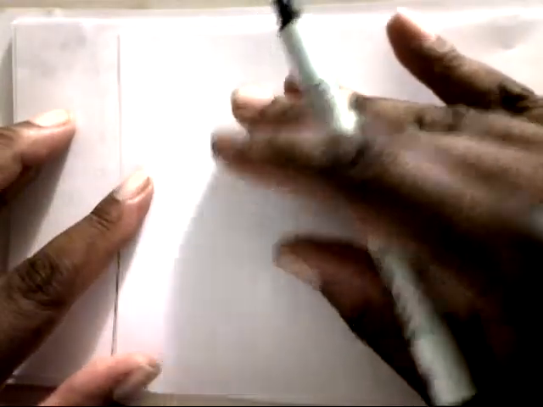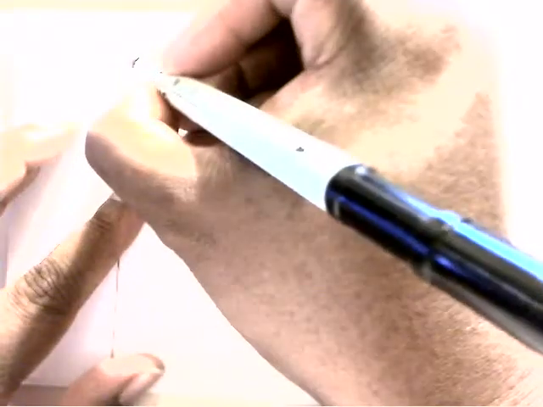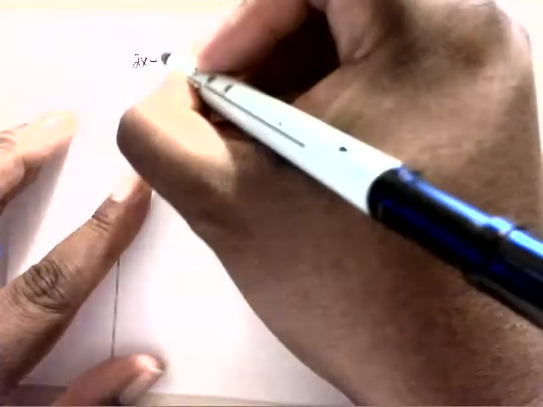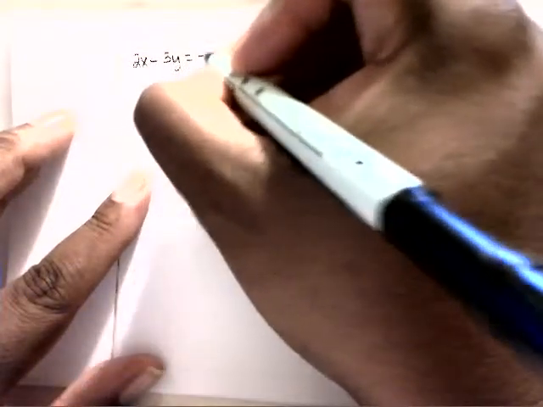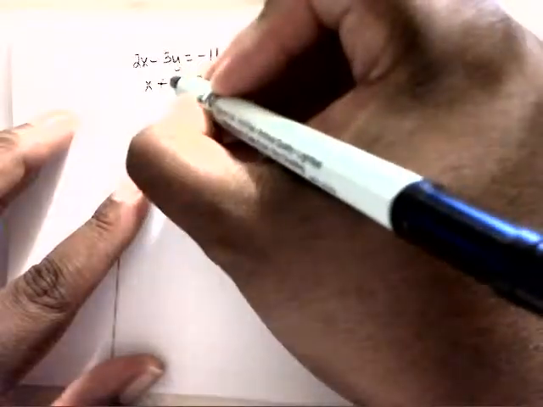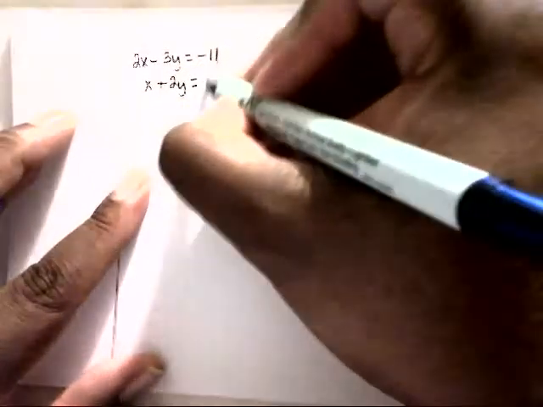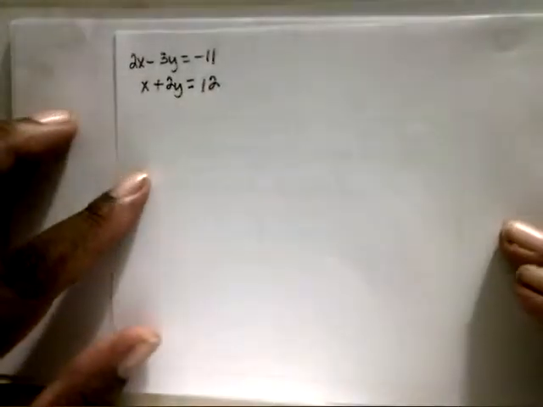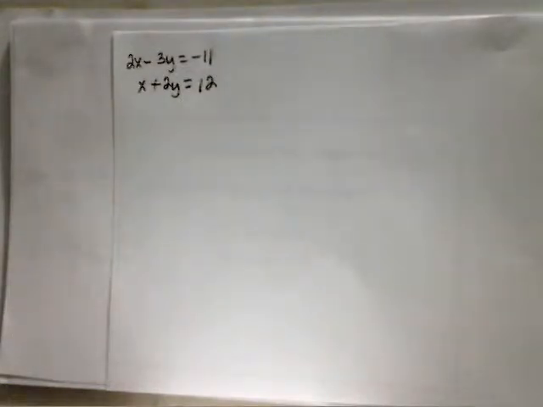I'm going to pull up a blank sheet and rewrite the equations here: 2x minus 3y is equal to negative 11, and the other equation is x plus 2y is equal to 12. We want to solve this system using Cramer's rule.